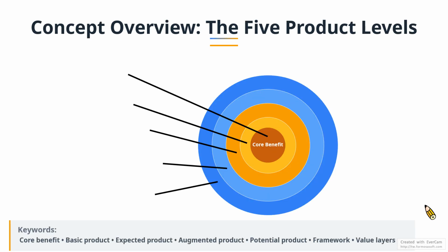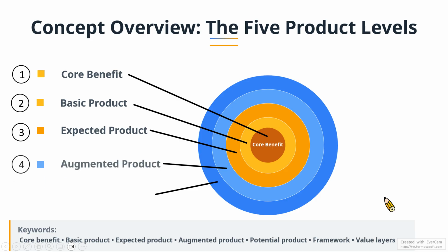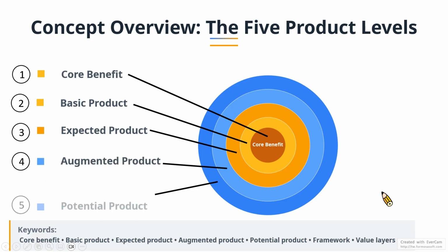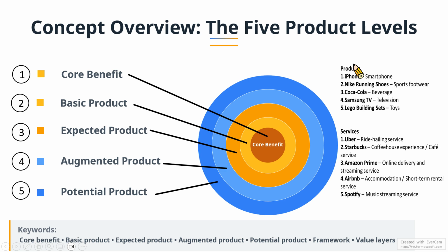Now, when you understand the 5 product levels, we will see the 5 product levels again. First one, core benefit. Second, basic product. Third, expected product. Fourth, augmented product. And finally, potential product. You can imagine not only the product, but also the service includes the 5 levels of that.